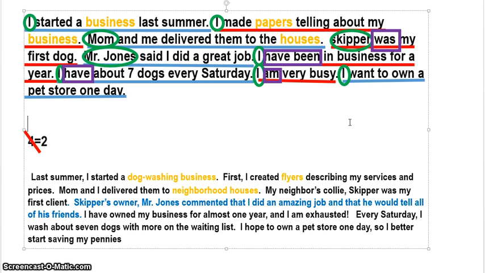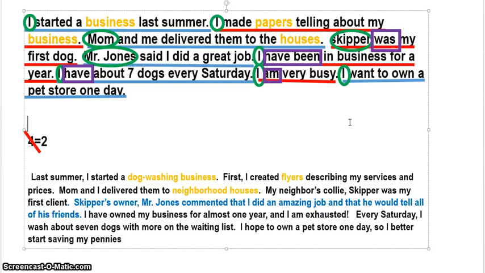Now, if somebody, like in a business, thinks that I do a great job, just like in teaching, if people think that I do a great job teaching, they're more likely to tell other people. If people think I do a horrible job of teaching, they're more likely to tell other people. So what I did is I took Mr. Jones commented, I took out that word said because we're not allowed to use the word said.